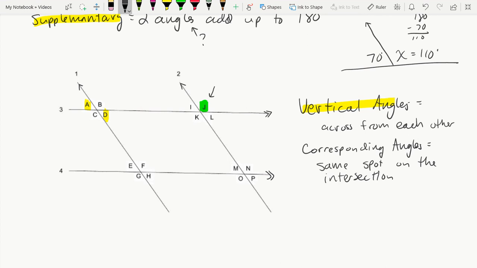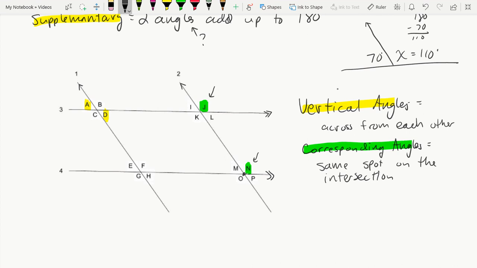So if I go down to this intersection down here, well, what's in the top right-hand corner? N. So N corresponds to J. Now, also, by the way, like B would correspond, F would correspond. Those are all corresponding angles. Now I'm going to erase those. We jumbled up here. Corresponding, those are my green angles.